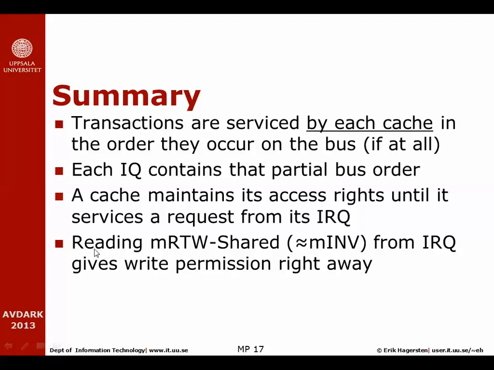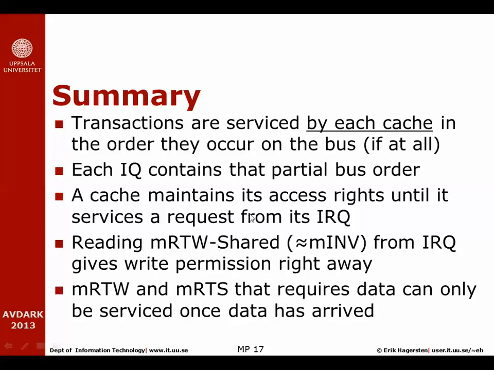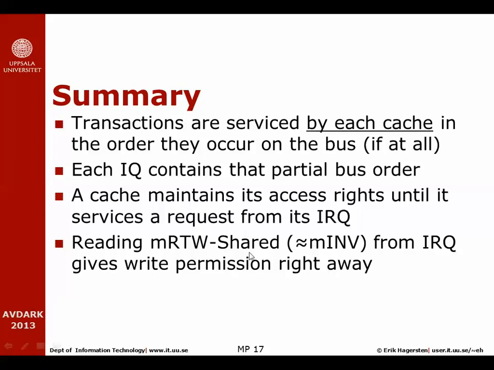If you are reading your own read-to-write request where you also pull the shared line from yourself, which means it really looks like an invalidation request from the input queue, you don't need to wait for the data. You can pop that transaction from your own queue and you get the write permission right away.